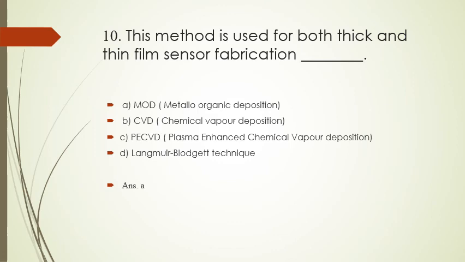Okay, so for identifying such types of questions, I many times told all my students that if your concepts are clear, then whatever may be the format of the question, that doesn't matter. You can easily identify the correct option from such kinds of questions also.